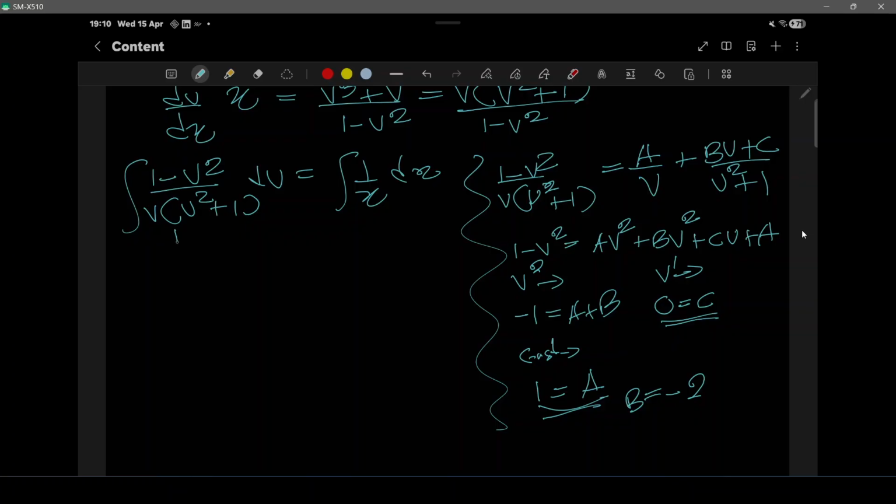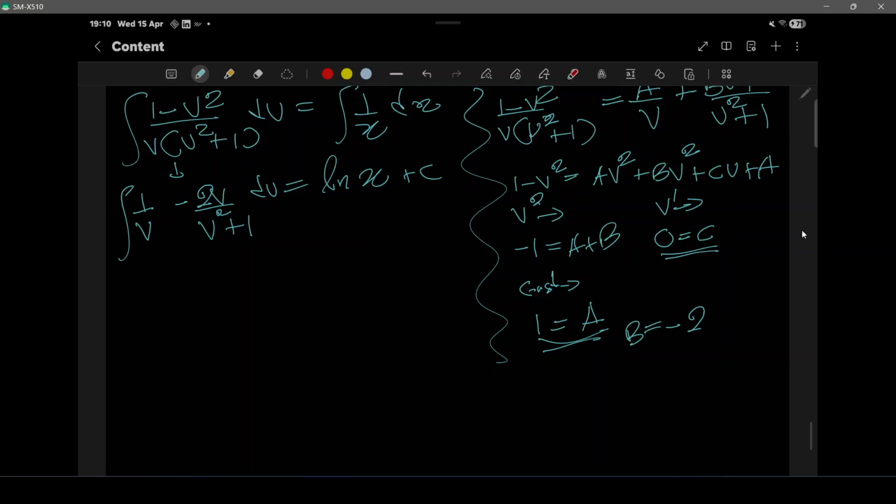So this can be written as 1 over v plus minus 2v over v squared plus 1. If we integrate this, the right side is ln x plus c dash or c.